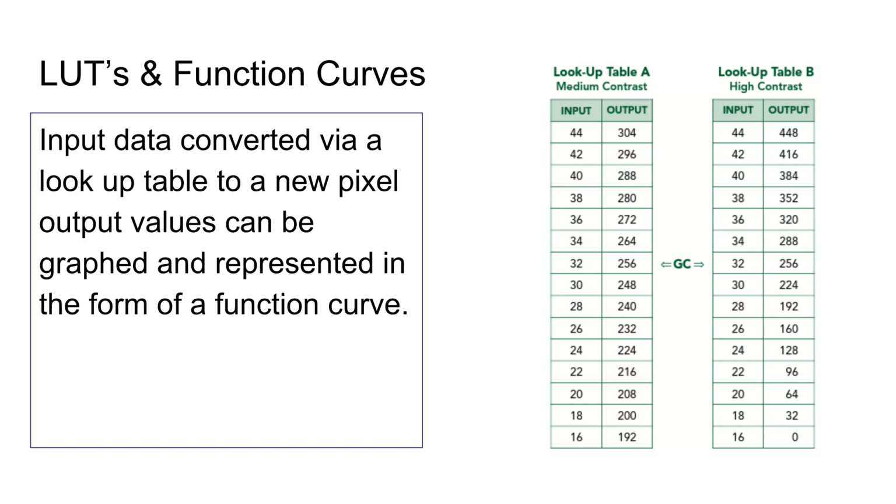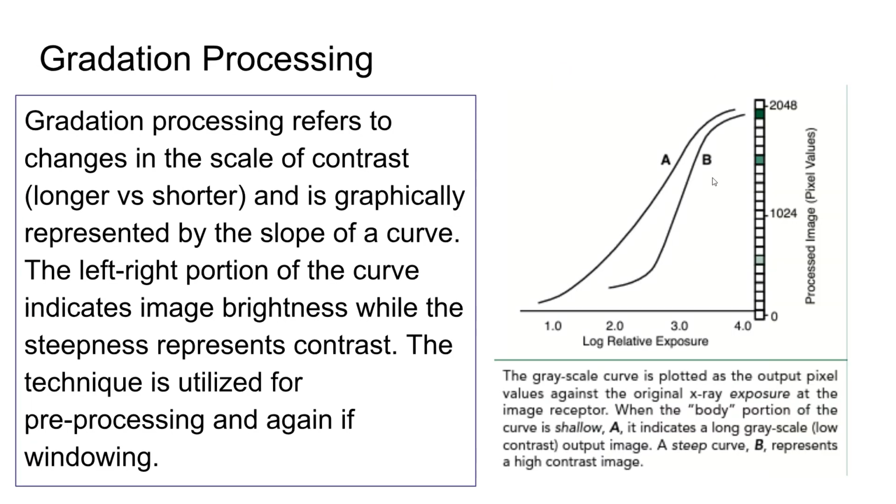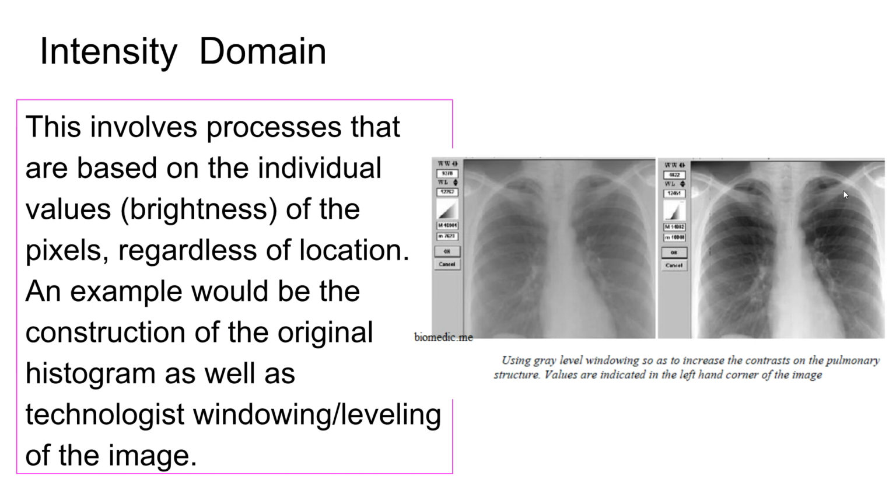So this is going to represent a shorter scale image, right? It's going to represent B, which is also steeper, and it would then be representative of something like what you see over here on the right side, a shorter scale, a higher contrast.